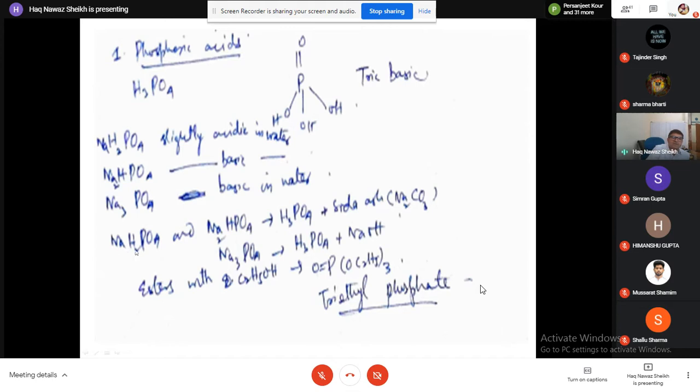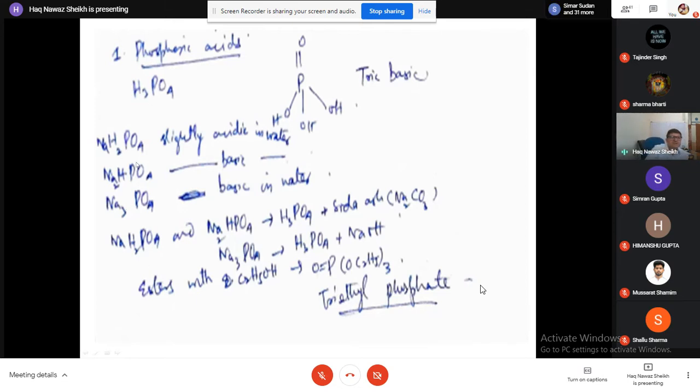Sodium dihydrogen phosphate and disodium hydrogen phosphate are synthesized by treating phosphoric acid with soda ash, that is sodium carbonate, a weak base. When you treat phosphoric acid with sodium hydroxide, a strong base, you generate sodium phosphate, the last one.